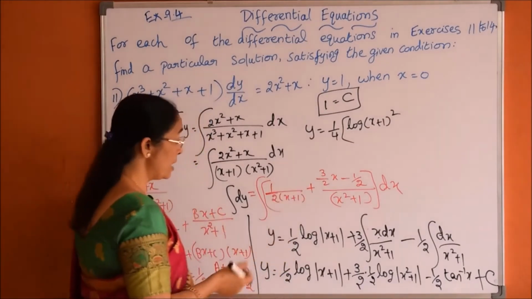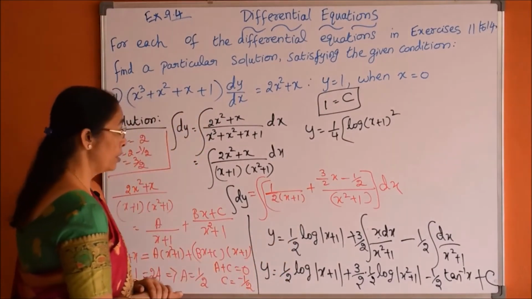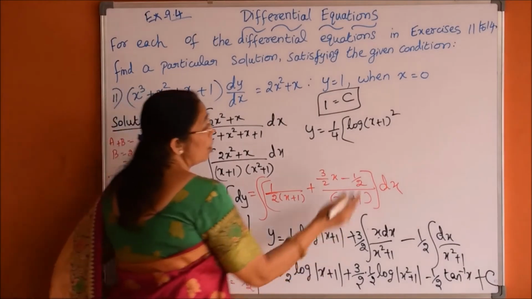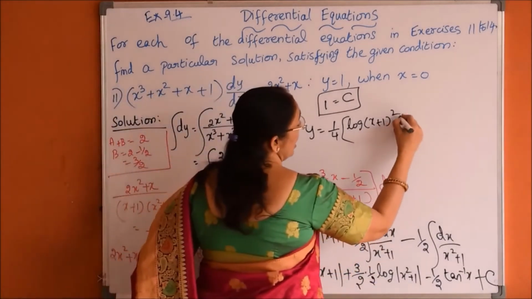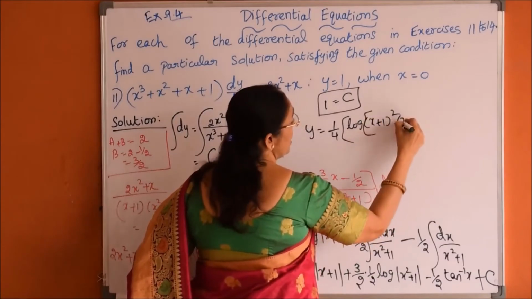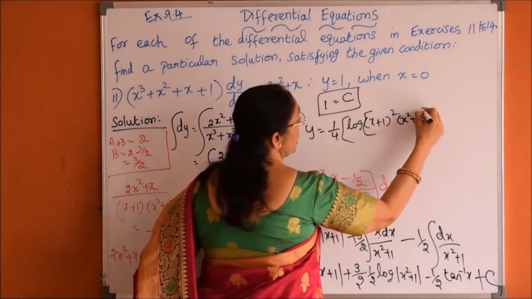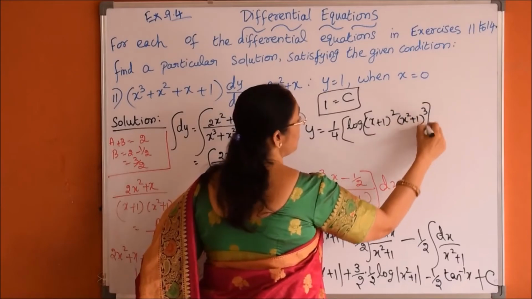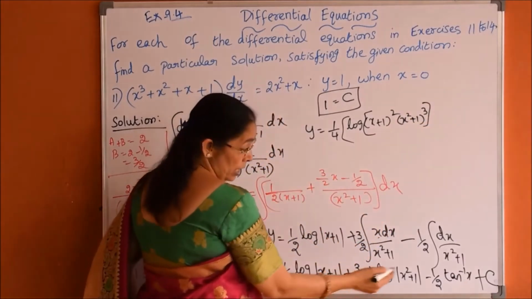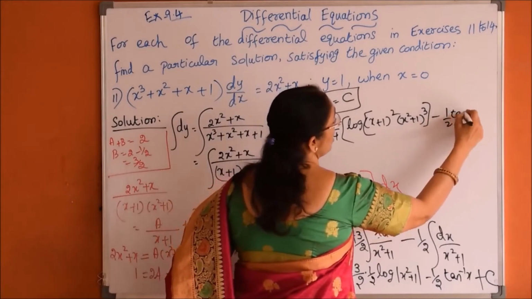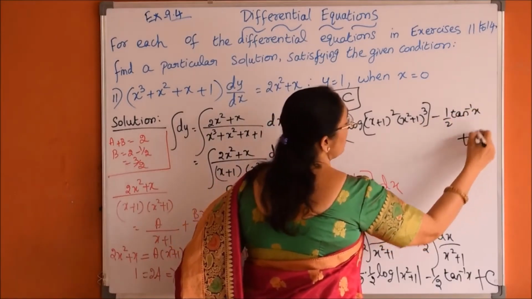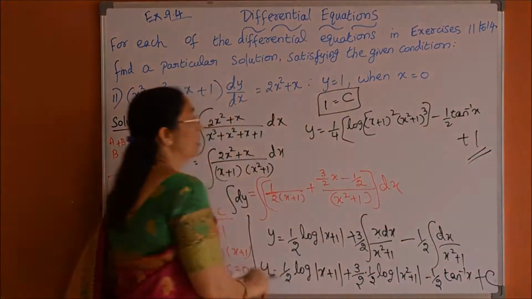Any negative sign left over? Yeah, it's correct. So it is log of (x + 1)² into (x² + 1)³, and last is minus half tan inverse of x plus c. The c value we found as 1.